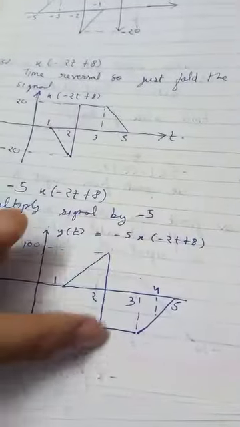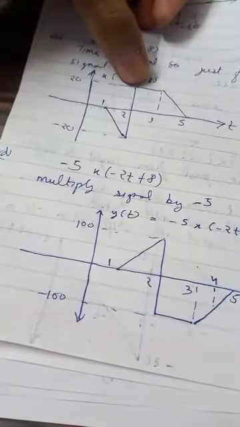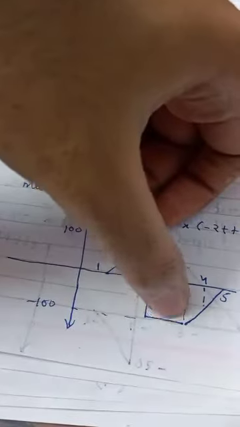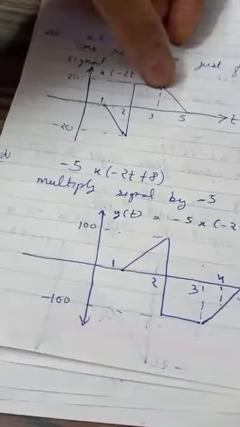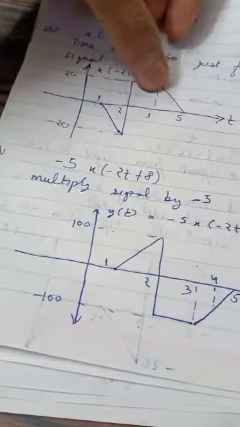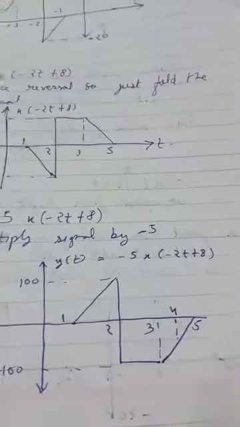So this line we will get. Then from 2 to 3 the signal magnitude was 20, so it will become minus 100. So from 2 to 3 it is minus 100. Then from 3 to 5 there was a change from 20 to 0, so now there will be a change from minus 100 to 0.